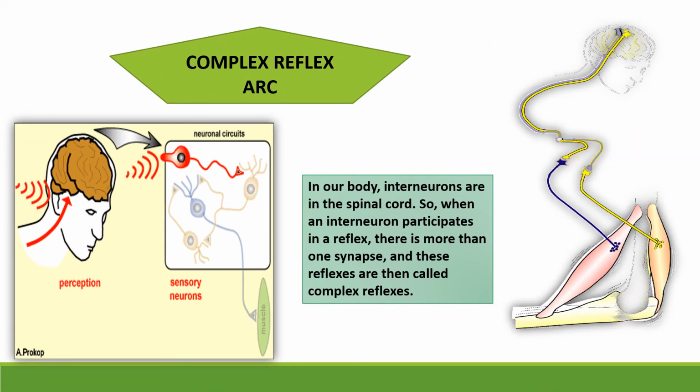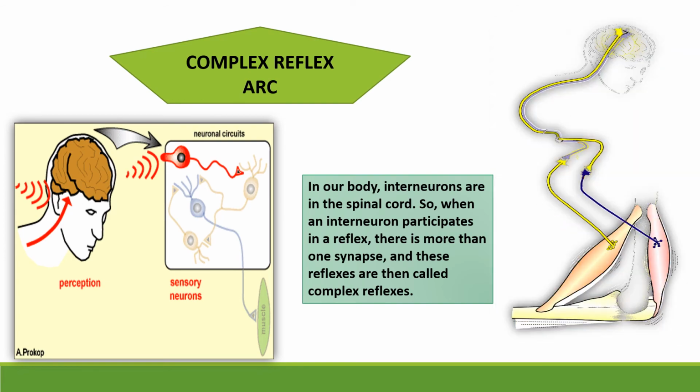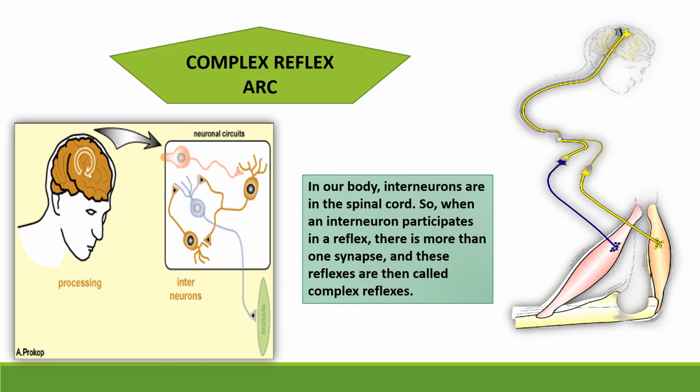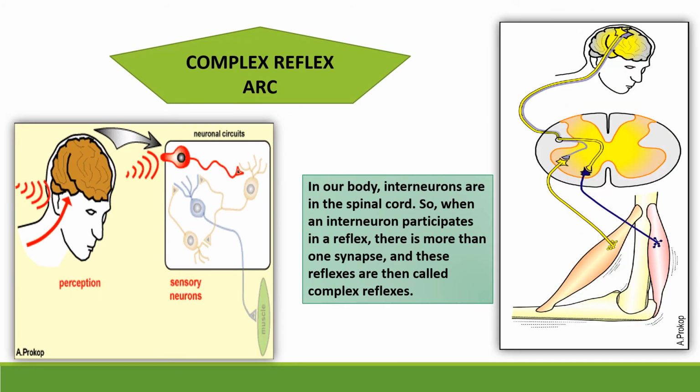Now another one is the complex reflex arc. In our body, interneurons are in the spinal cord. So when an interneuron participates in a reflex, there is more than one synapse, and these reflexes are called complex reflexes. I have given 2 examples here: muscle and gland stimulation, where perspiration occurs, showing how perspiration occurs in neuronal circuits.